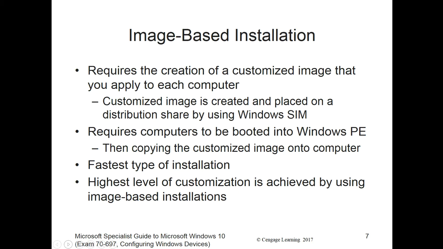So an image-based installation. Now, this requires the creation of a customized image that you apply to each computer. The customized image is created and placed on a distribution share by using Windows SIM. This requires computers to be booted into Windows PE, much like the previous installation method we discussed, and then you're copying the customized image onto the computer.